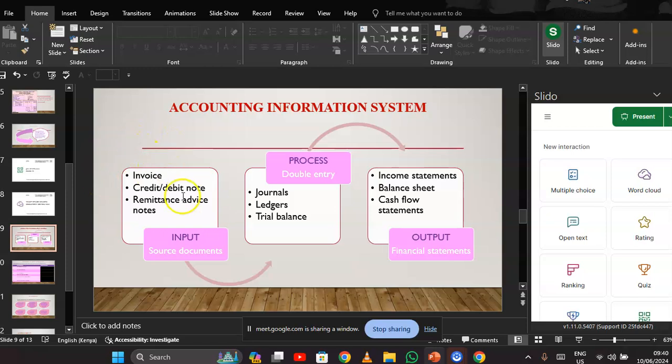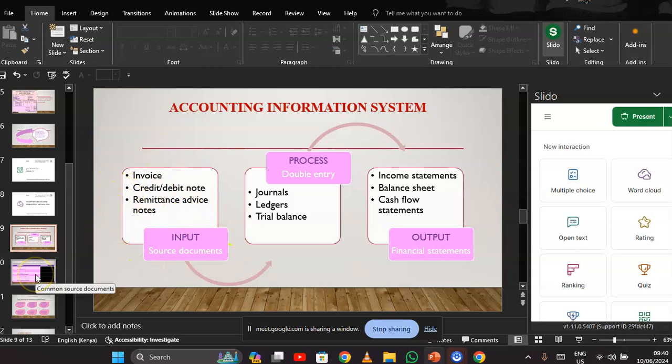They are used, in the process of double entry, to prepare the journals, the ledgers, and the trial balance. Then from there, there is the output, the financial statements: the income statement, the balance sheet, and the cash flow statement. So our key area is on the input.